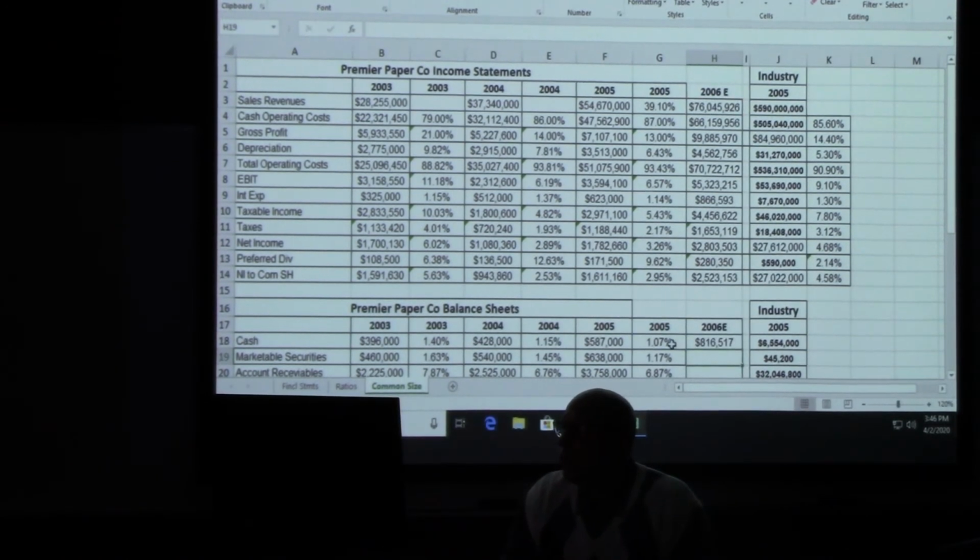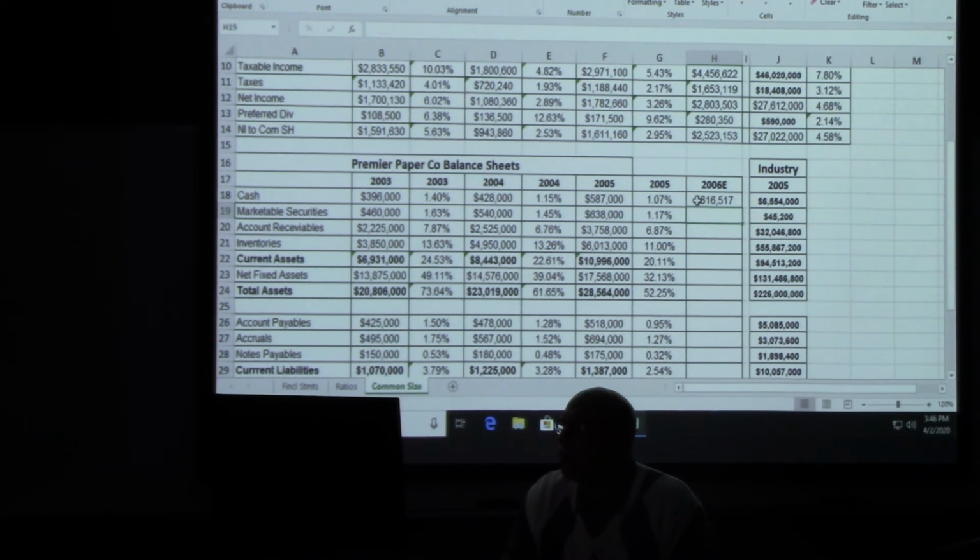So we're going to go ahead and stabilize cash there, and we'll anchor that right there. So that should be our cash number. And now we're going to look over, and marketable securities have fallen quite a bit. We can go ahead and stabilize that there.